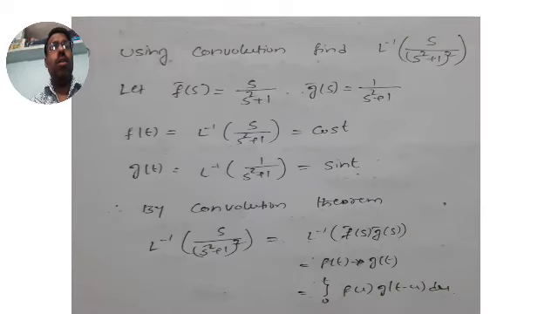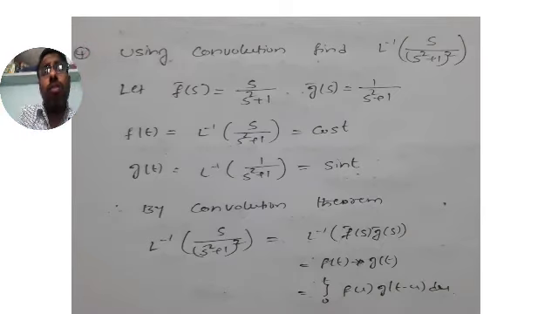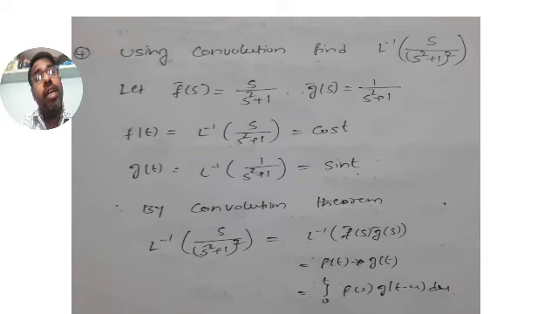Yes, this is our fourth problem. The fourth problem says: using convolution theorem, find L inverse of s by s square plus 1 whole square. In the denominator you have s square plus 1 whole square, meaning s square plus 1 into s square plus 1.